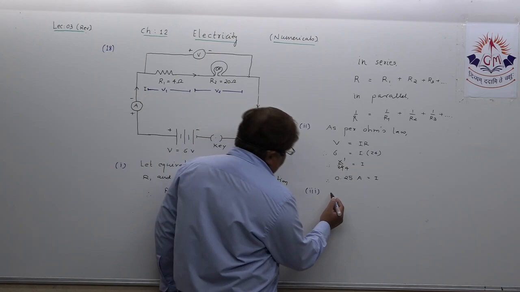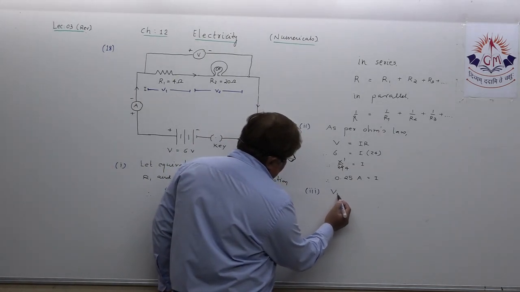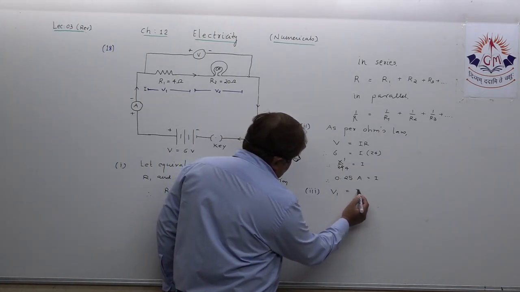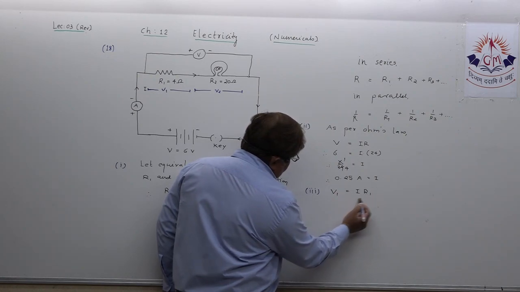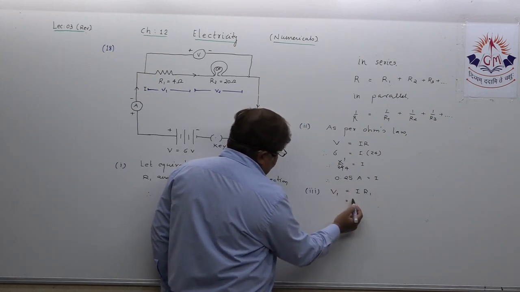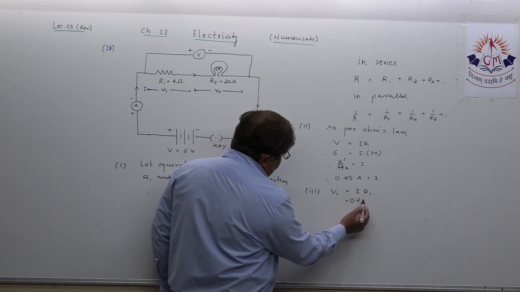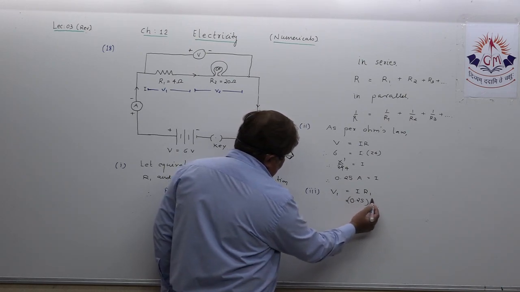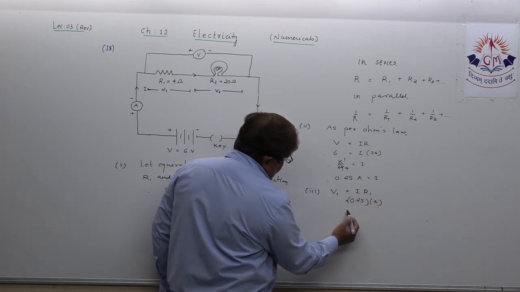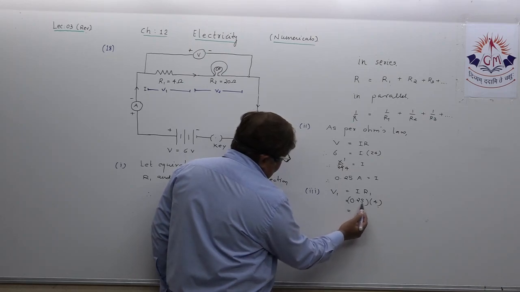Let us find V1. You know the formula, I R1. Current flows the same, so I into R1, that is 0.25 into 4. Just multiply upon 100, so it gets cancelled. 1 volt.